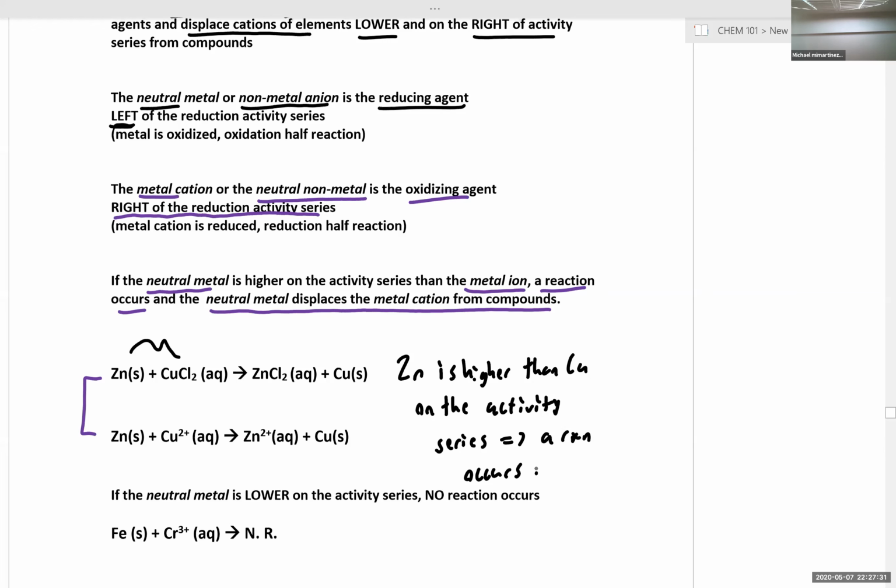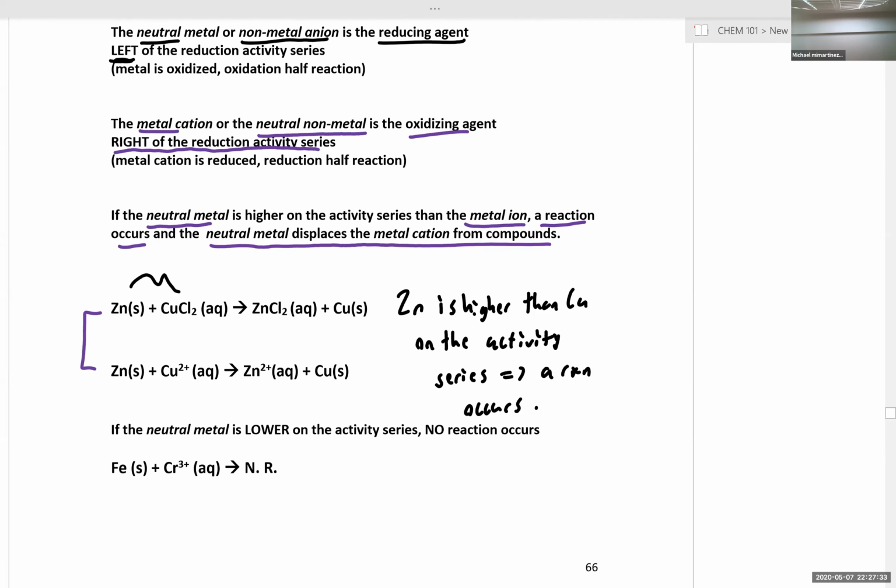Okay, let's look at another example. If the neutral metal is lower on the activity series, no reaction occurs. So let's look at iron and chromium. Just to reiterate, what is our neutral metal in this reaction? Iron, okay. And what is our metal ion?